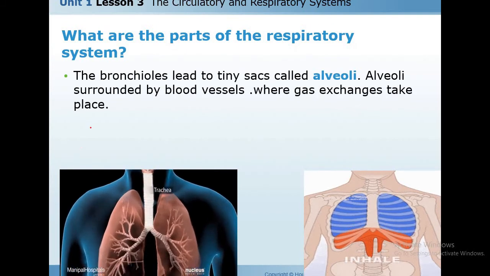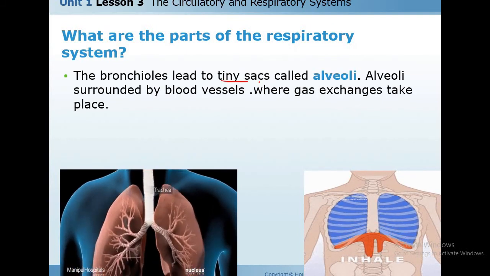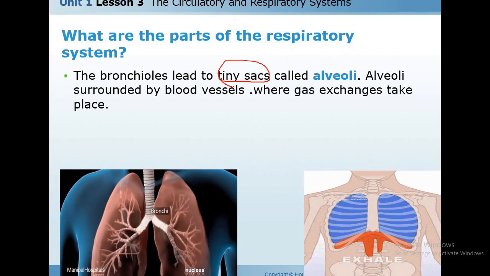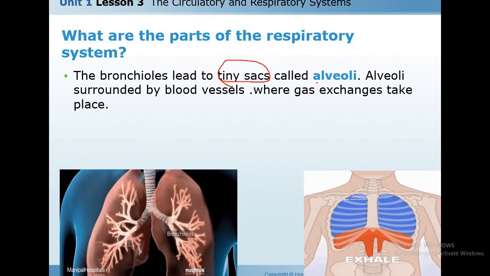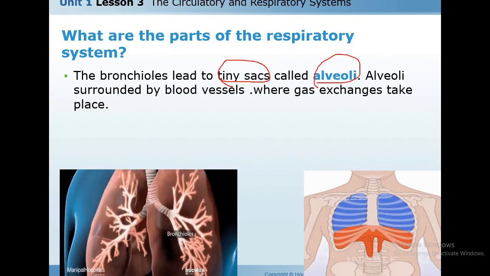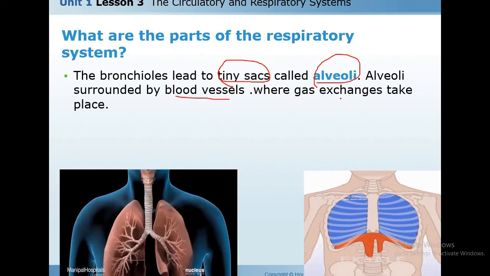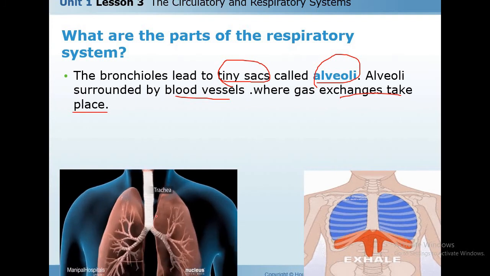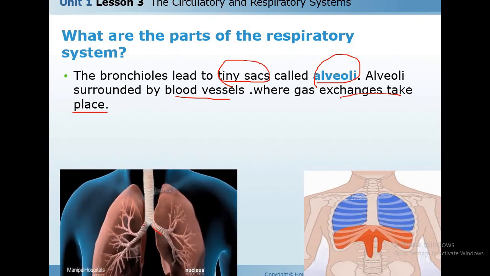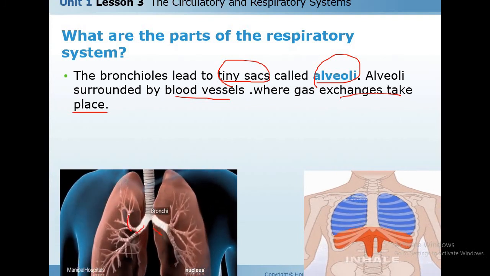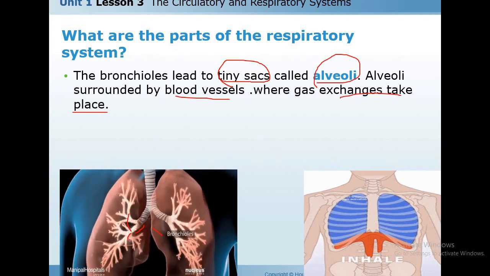The bronchioles lead to tiny air sacs called alveoli. Look, these are the bronchi and these small branches are called bronchioles.